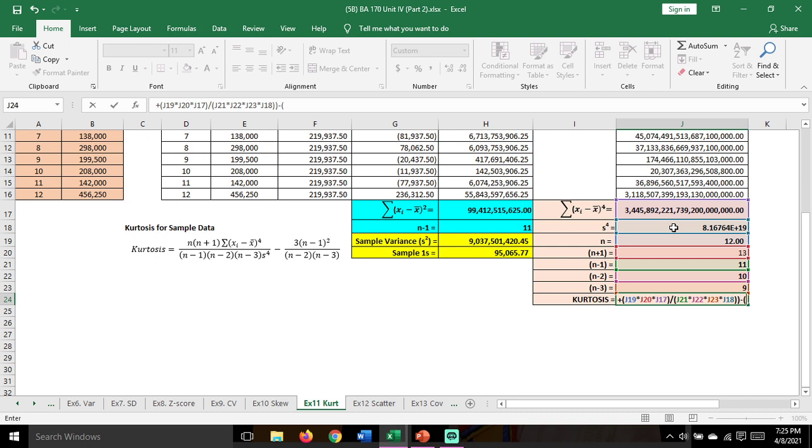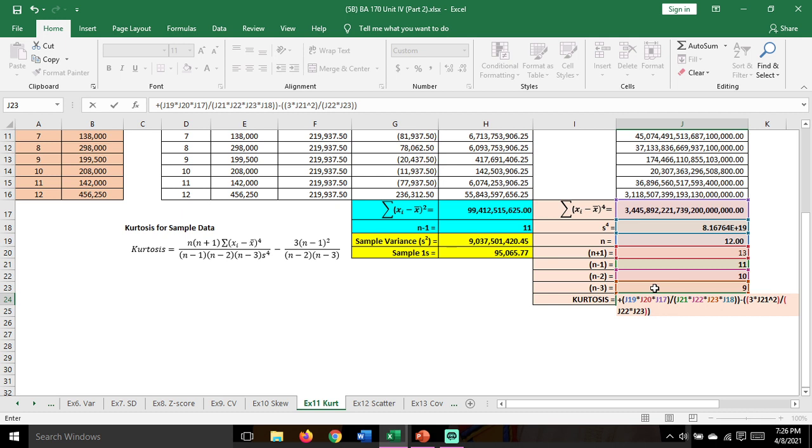Minus, we have 3 times, okay, the quantity 3 times yung n minus 1 raised to 2. Okay? Etong 11 raised to 2. Okay? Divide by the quantity n minus 2 times n minus 3.